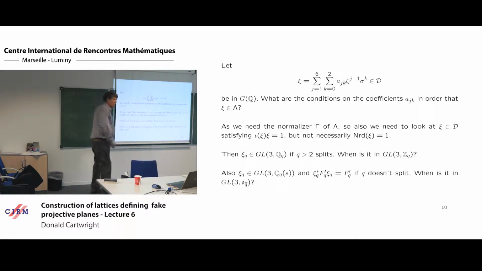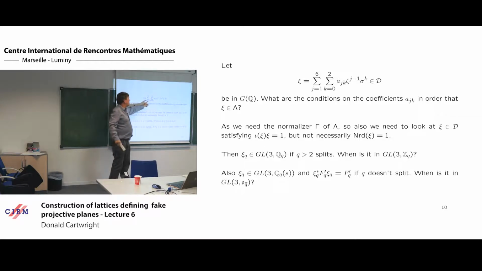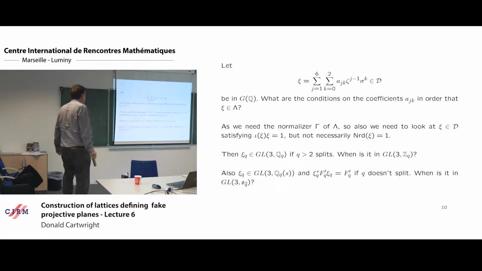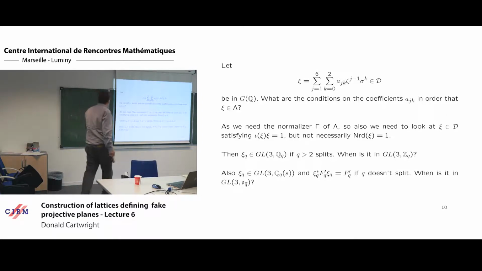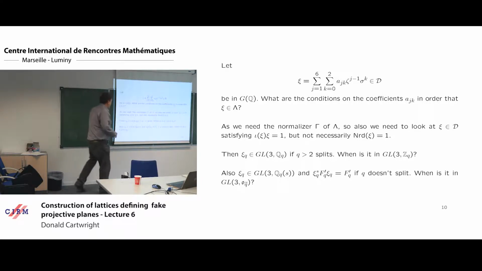So basically, we want to understand when an element is in lambda, in terms of these coefficients here. Okay. Because I'm allowing things which aren't necessarily of reduced norm 1, I'm fudging here a little bit.